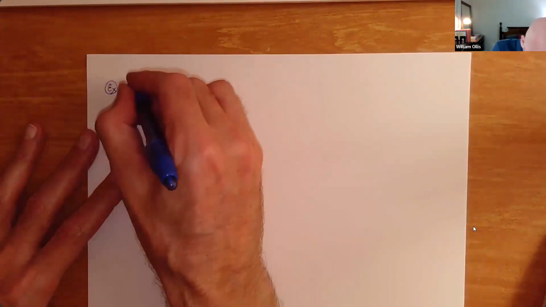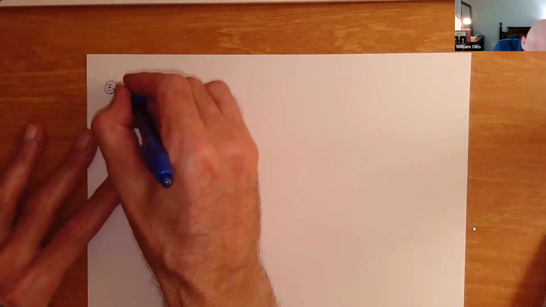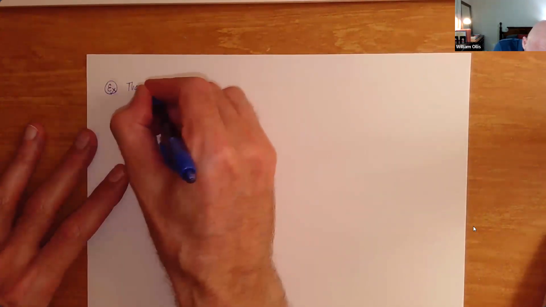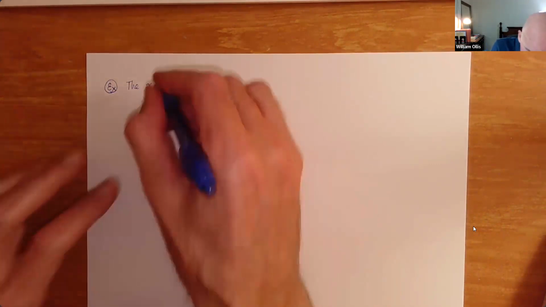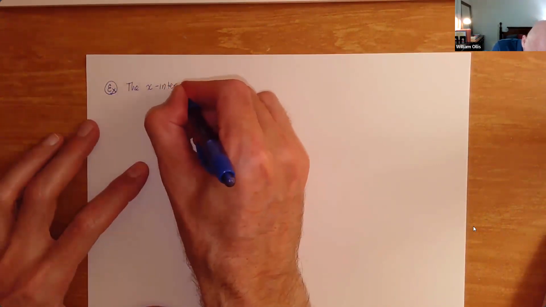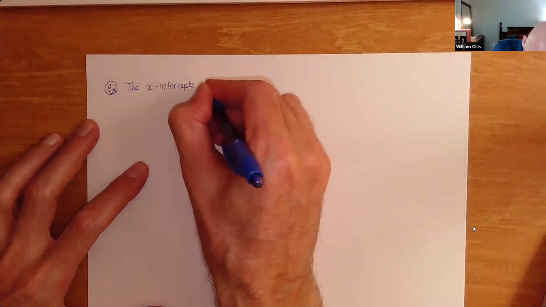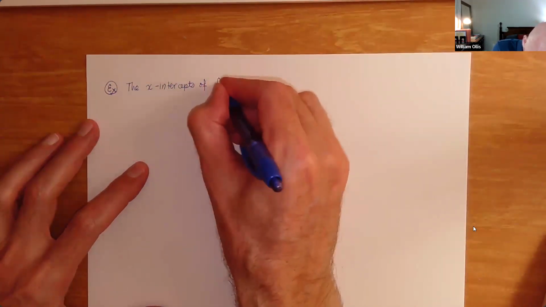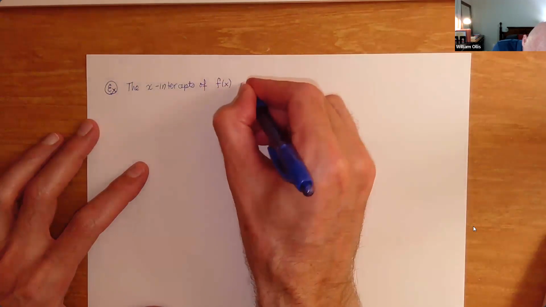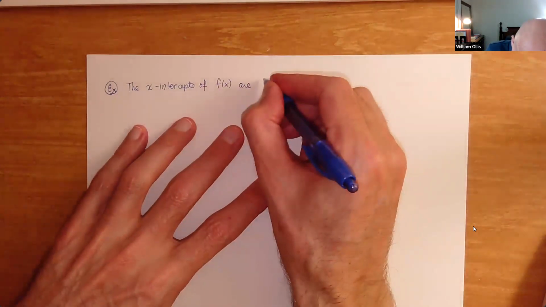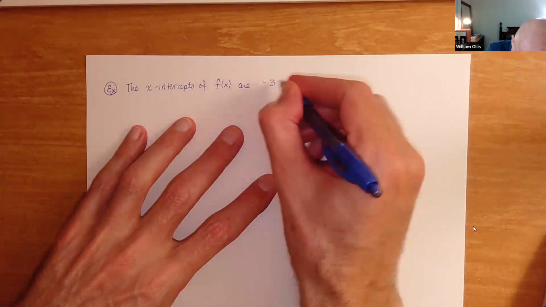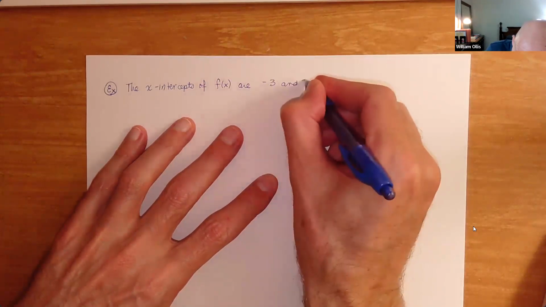Say the x-intercepts of f of x, this function, are, just say we have two, -3 and 2.